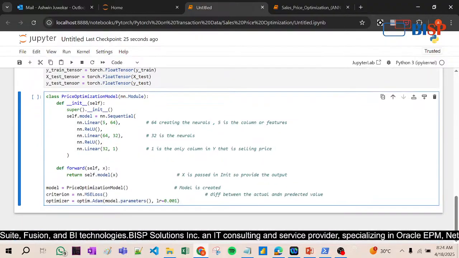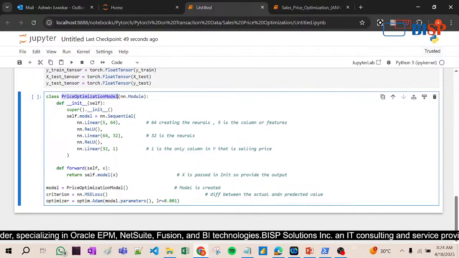Okay, now forward is a function. X is passed in init, so provide the output. Now model equal to, we have created one model, PriceOptimizationModel.